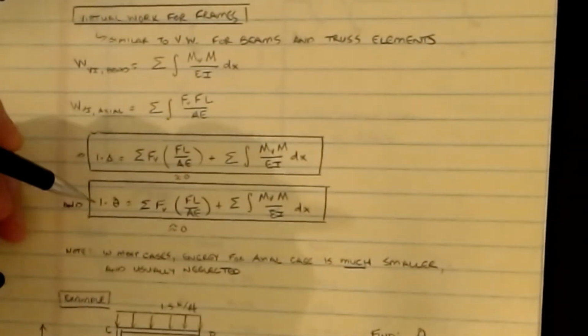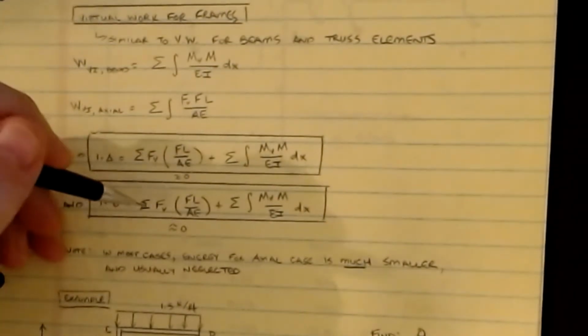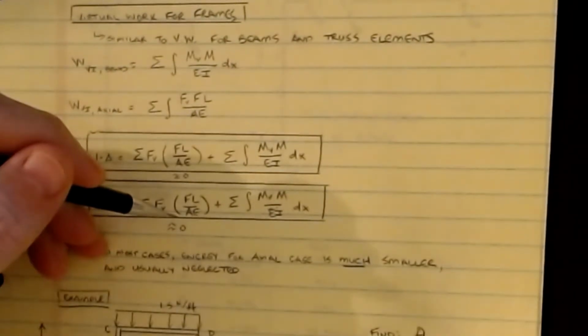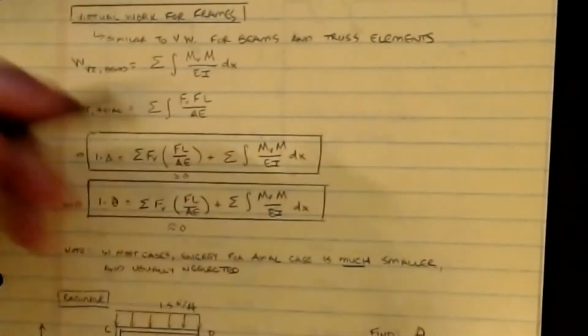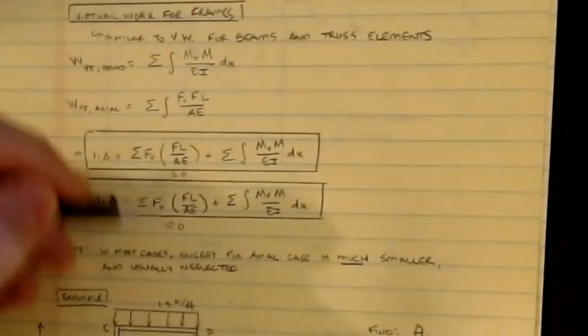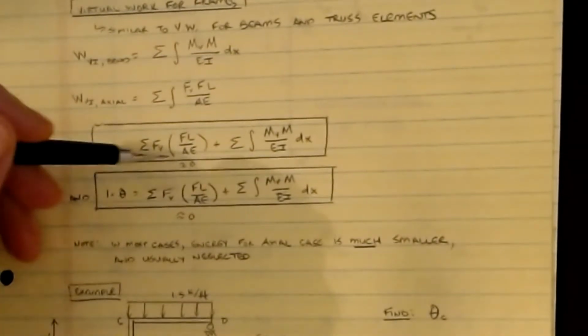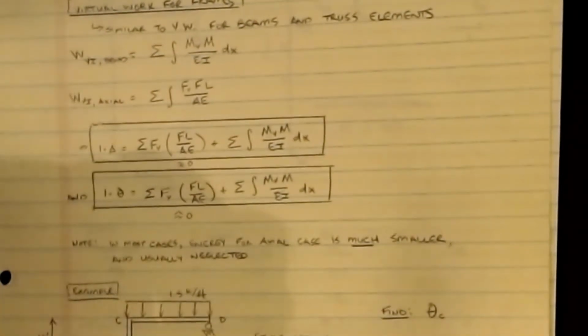Likewise, in beams you had a 1 times theta equation. Now we're doing 1 times theta, with the axial effects plus the summation of the moments. In most normal structures, you'll find that these axial effects are basically 0. But if they're not, then you need to include them in the calculation. For most normal structures, they're generally very small in comparison to the flexural effects.